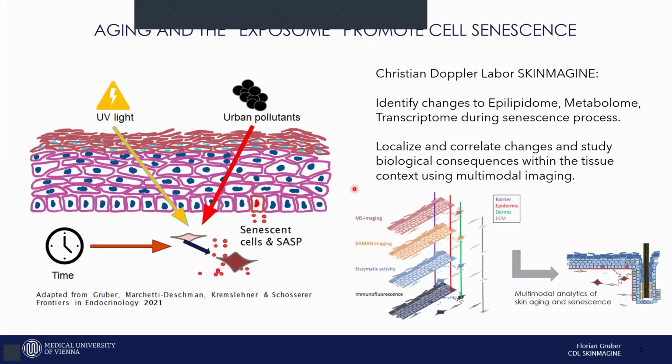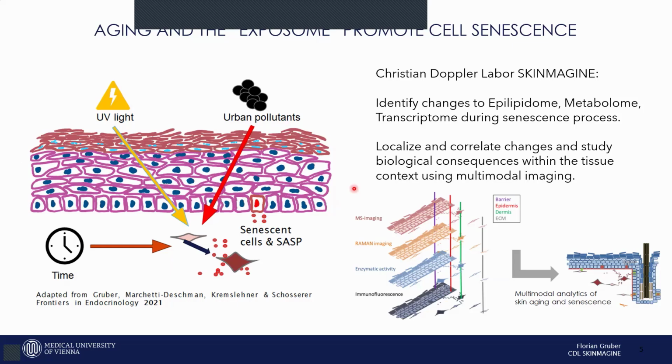What we are doing in the Christian Doppler laboratory SKINMAGINE is to investigate the development and the consequences of cellular senescence in skin, and how it is promoted by extrinsic factors like pollutants, and most important for skin, also ultraviolet radiation.